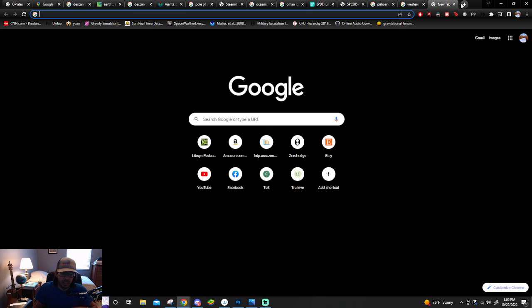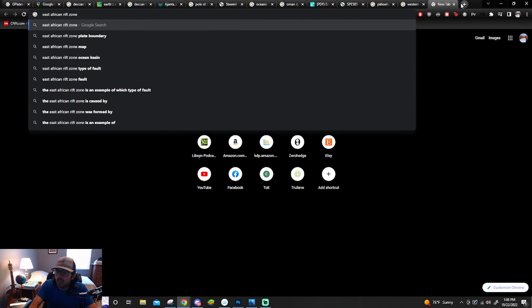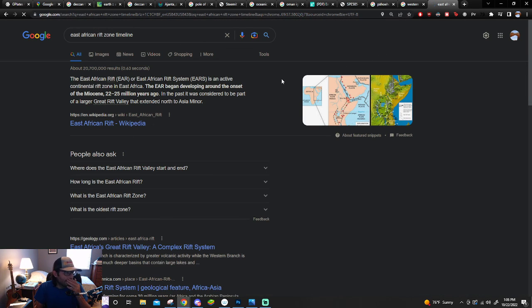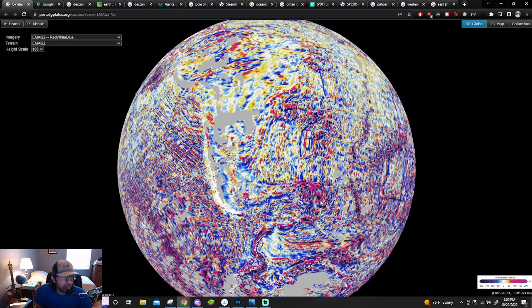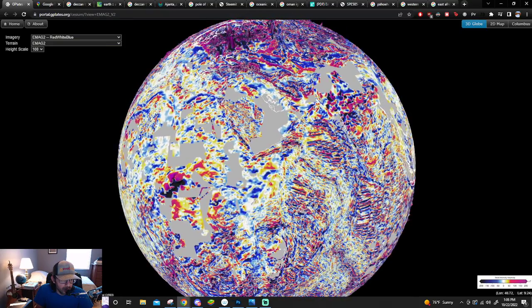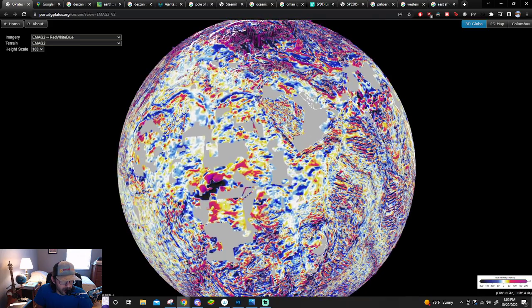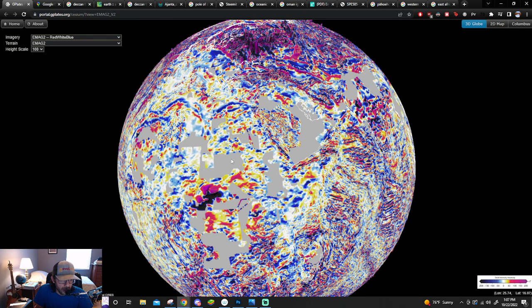When did the East African Rift Zone timeline? It was late. Why would it be so late? Maybe it couldn't quite make it there until this nucleus was severed in half. And then the Earth expanded, then the currents could flow that way.